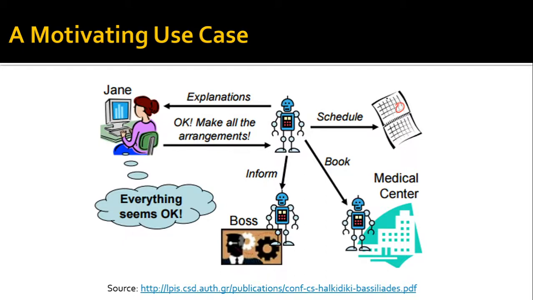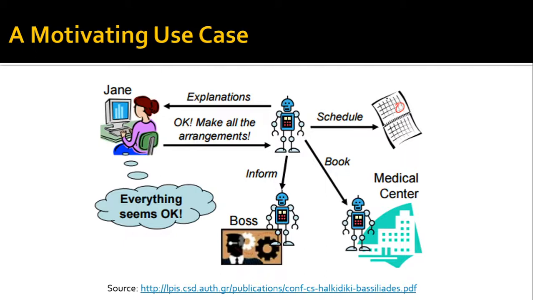Her agent is talking to the other agents of the respective stakeholders to gather information and performing a set of reasoning to come up with the solution or the answer to accomplish the task given by Jane, right?